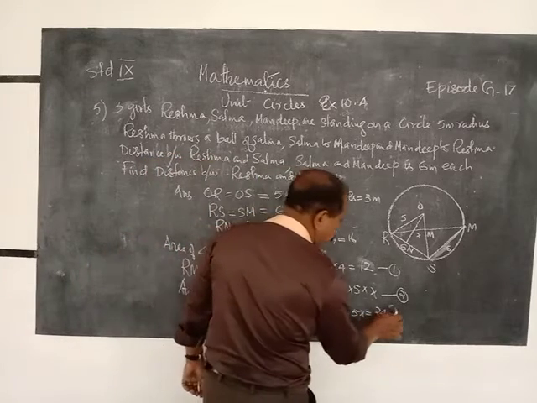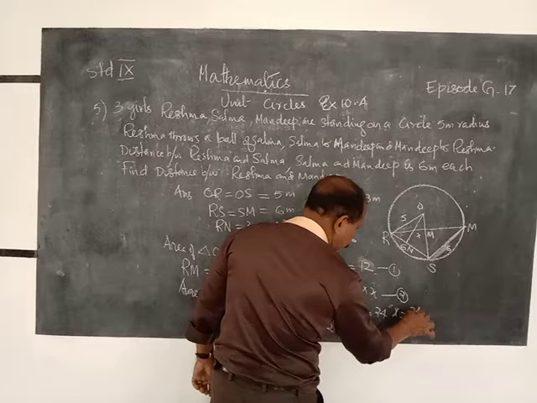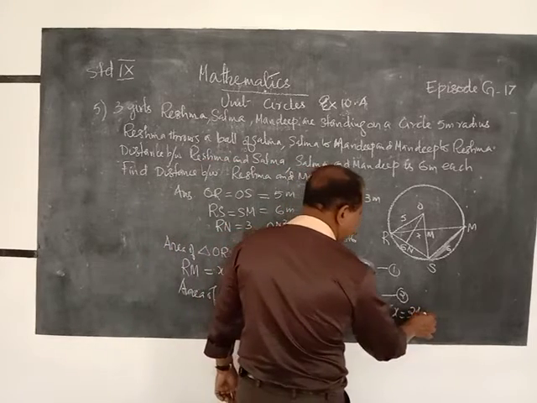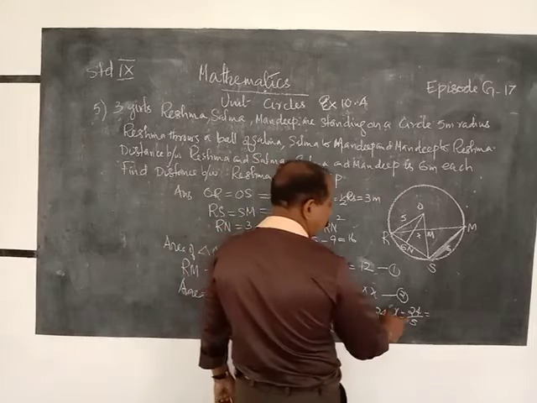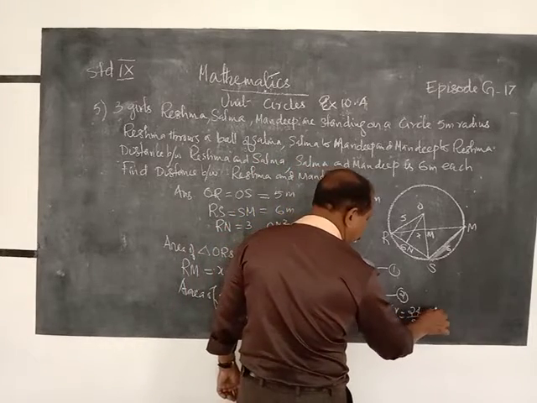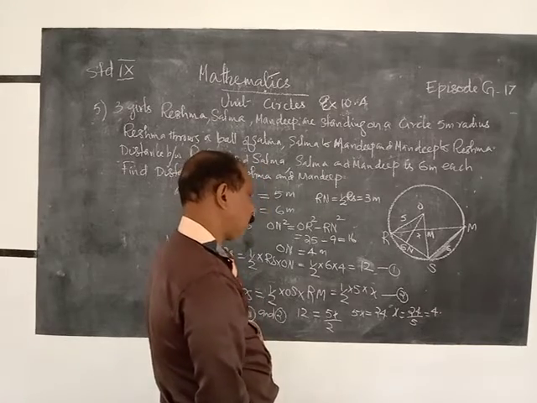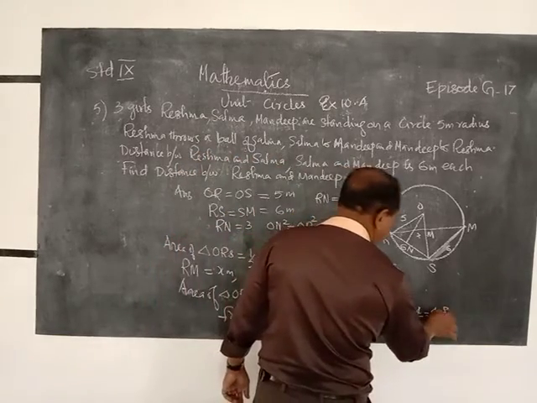Therefore, x is equal to 24 by 5, is equal to 4.8.